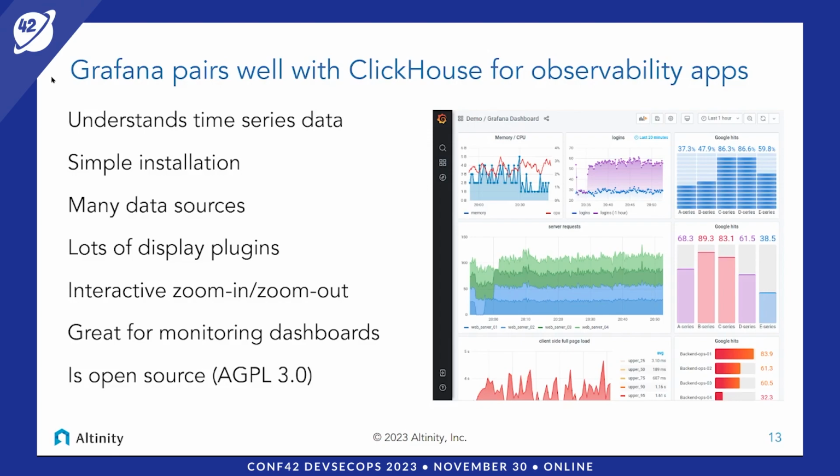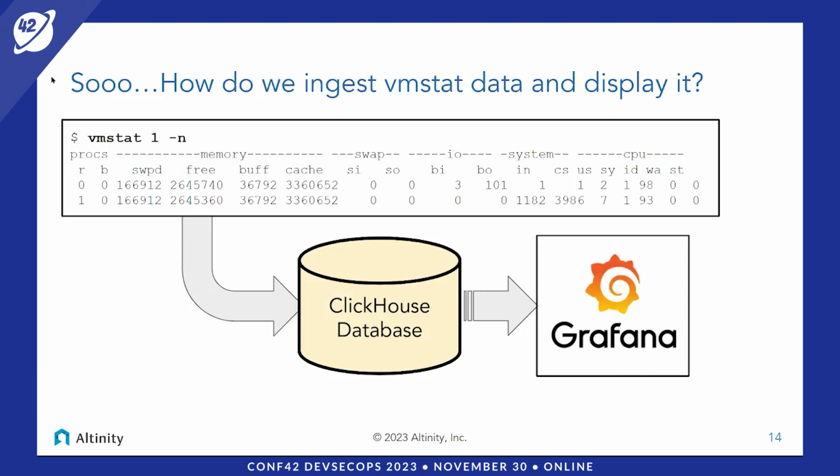These are all things that you like to have when you're trying to drill in, understand the data, sift through what you're seeing, and then zero in on a problem. And taken together, this makes it great for monitoring dashboards. And then the final thing, which makes it a good match for ClickHouse, is it's open source, in this case, AGPL 3.0.